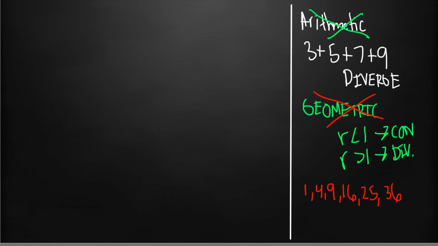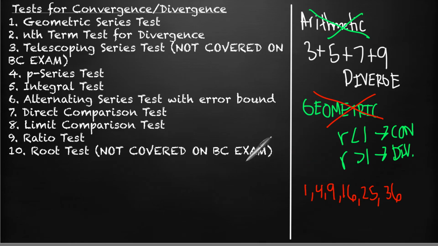And for that, we are going to learn 10 different tests for convergence and divergence. Today in this video, we're going to focus on the geometric series test and the nth term test for divergence. And then we're going to look at the telescoping series test, which is not covered on the BC exam, however, it is helpful to know. And then the P-series test, that's pretty easy.